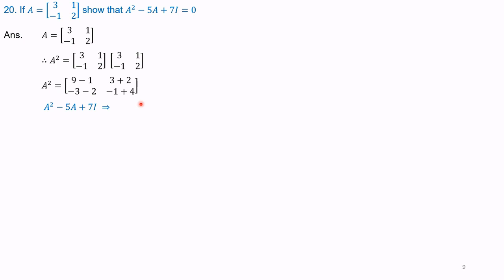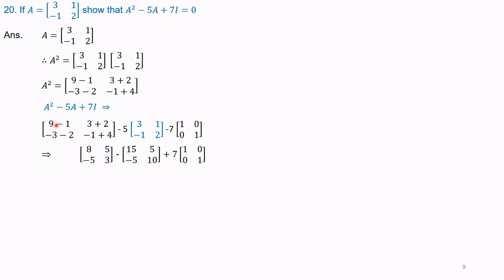Now A square and 5A we have to find out. A square is as it is, minus 5 times A. We have substituted the matrix A as it is, plus 7I. I we know is the identity matrix, so 1 0 0 1.